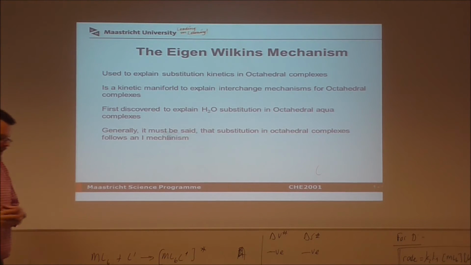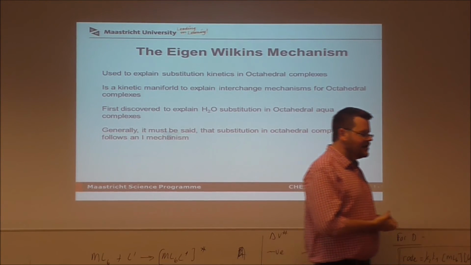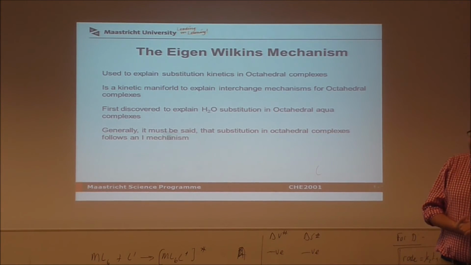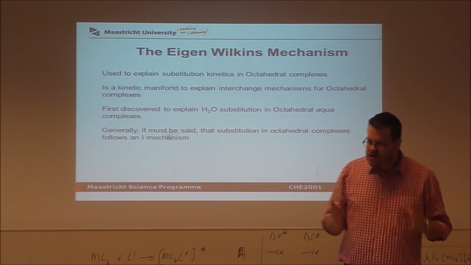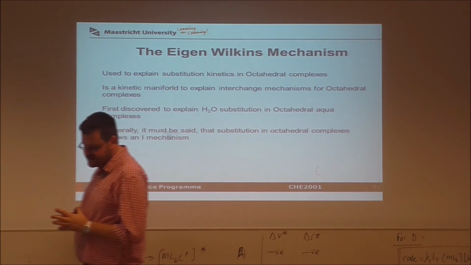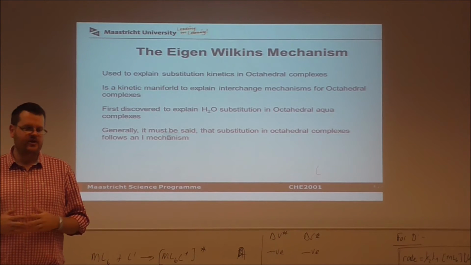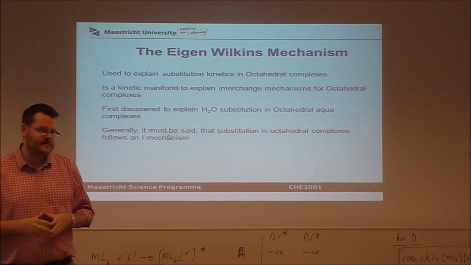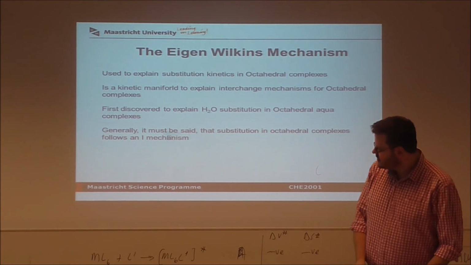And so the rate laws we derived earlier, you cannot really employ. So you have to turn to the Eigen-Wilkins mechanism, which is a special mechanism for the interchange mechanism, particularly for octahedral complexes, right? But it's kind of general.